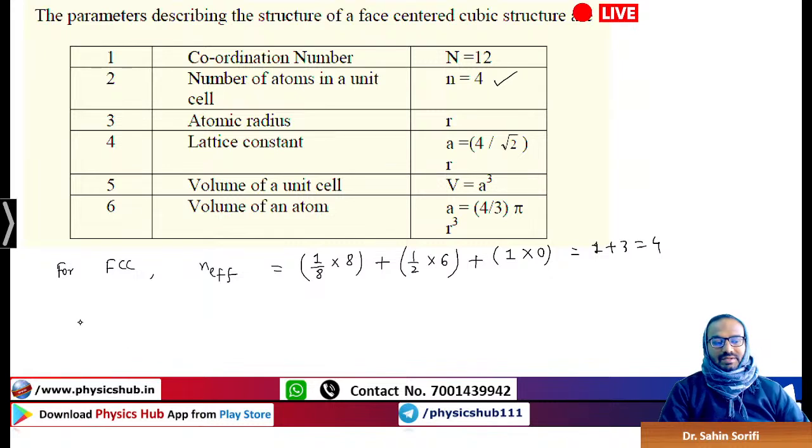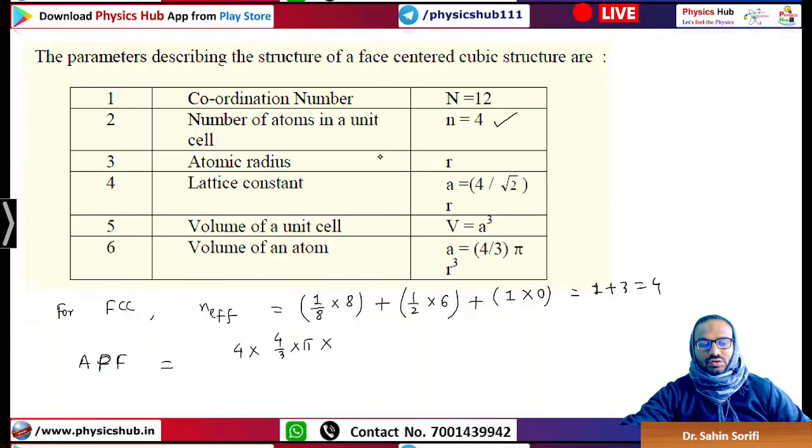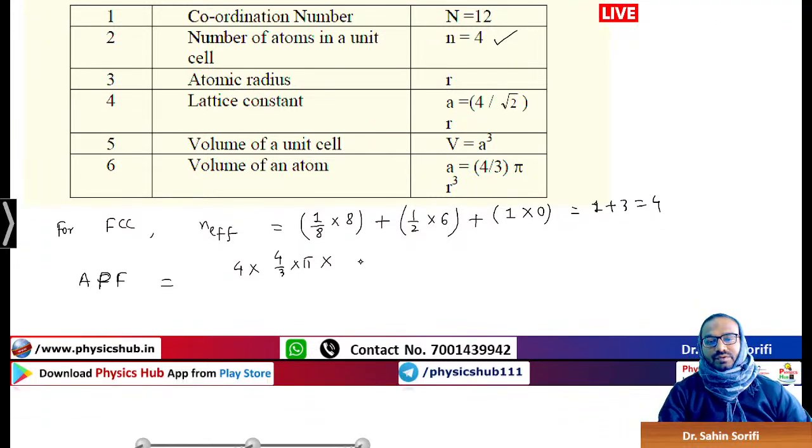Okay, so what is the atomic packing factor for the FCC lattice? It is N effective into 4/3 pi r cube. R is equal to, we have already calculated, A by 2 root 2, divided by the volume of the unit cell, A cube.